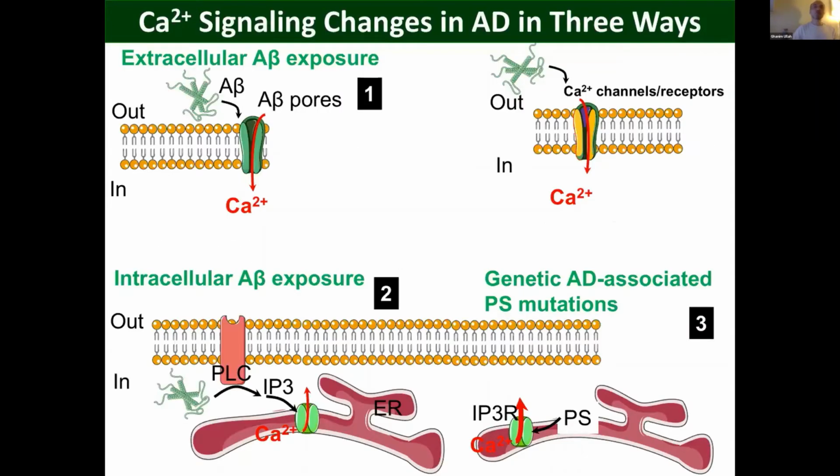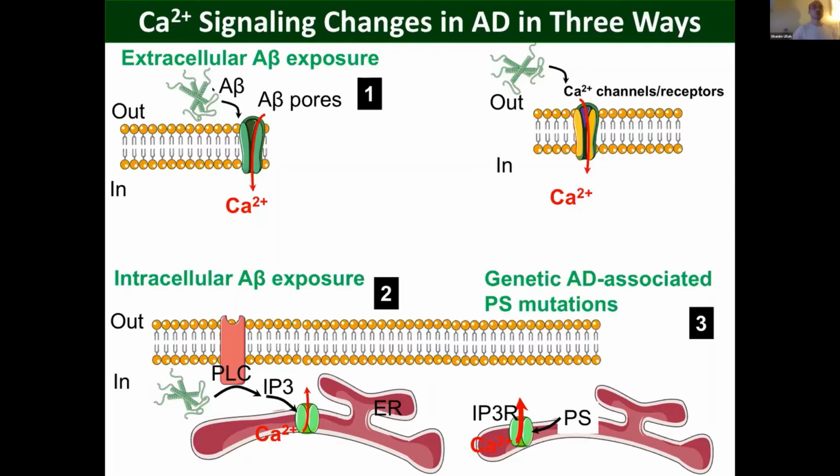So what is affected actually? There is calcium signaling at the single cell level. It's affected by amyloid beta, which, remember, is the peptide, the protein that is related to Alzheimer's disease. It's affected in different ways.